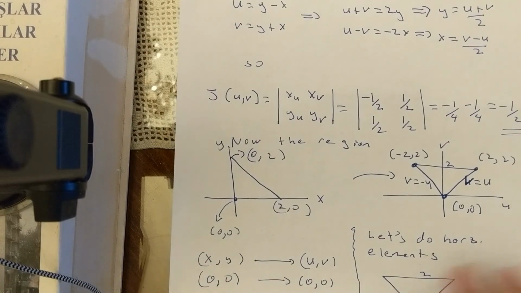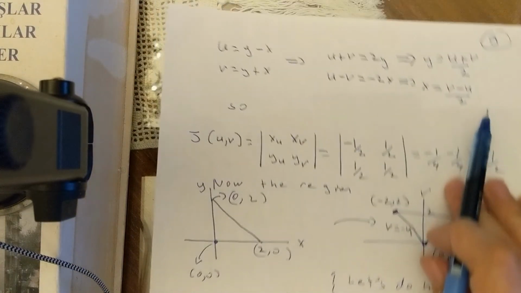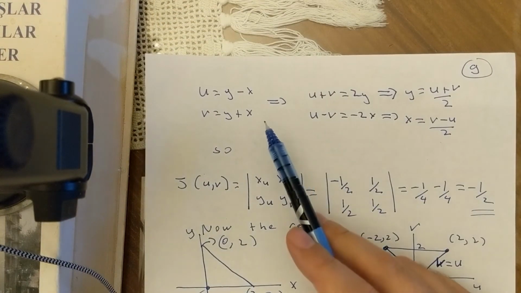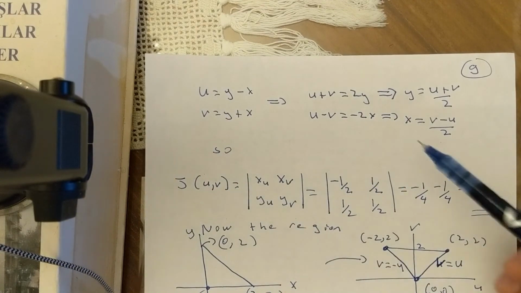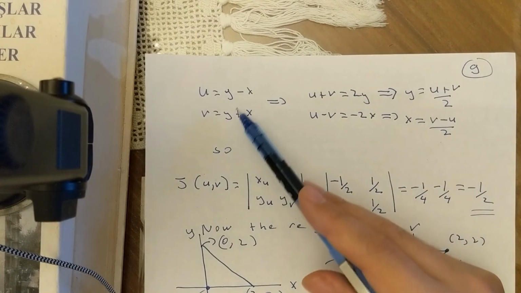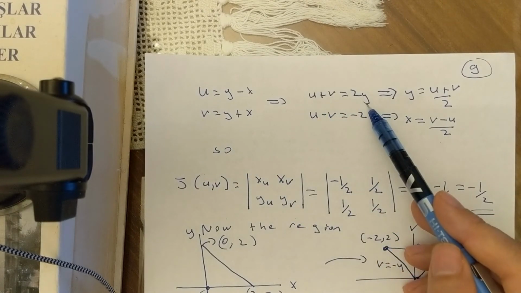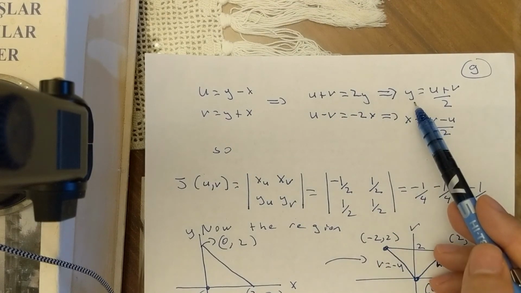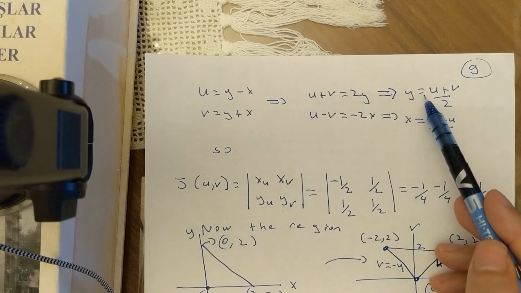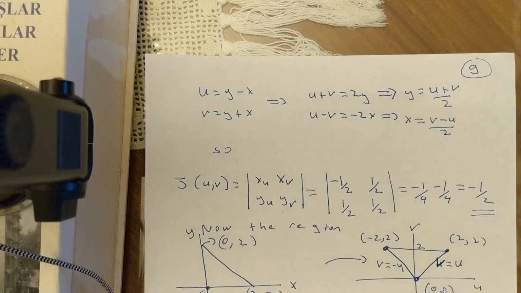We can actually find these. We had u equals y minus x and v equals y plus x. Notice that if I add them up, the x's will cancel and u plus v will equal 2y. So from there, I can just solve for y. y is equal to u plus v over 2. That's great now because y is in terms of u and v.